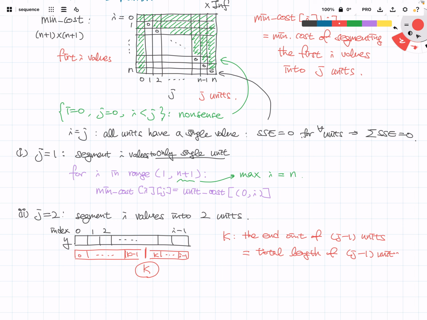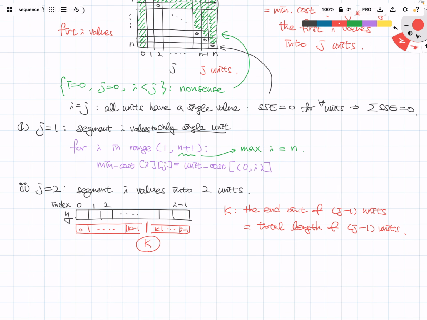In this case, a single unit, the previous unit. And we can define here optimal k as a dictionary of i and j.